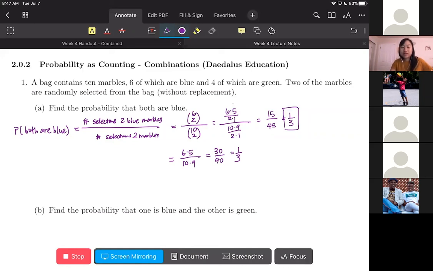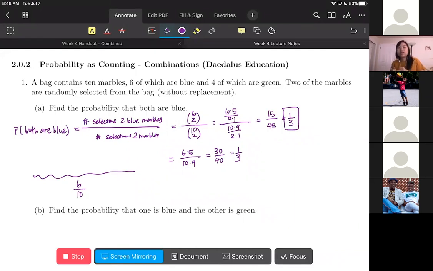Finally, another way we could do this is a similar technique to what we did before. Basically there's 6 ways that we would choose a blue marble first, and then 10 ways that we could choose a marble total.